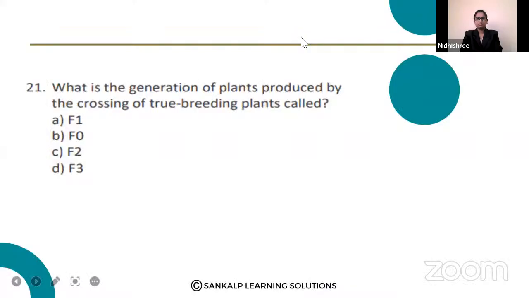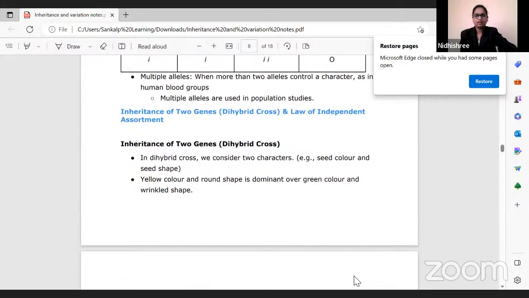Fine. Okay, let us proceed with the concepts again. Don't remain absent. Then we have regarding the multiple alleles. Okay. Samarth, are you here?